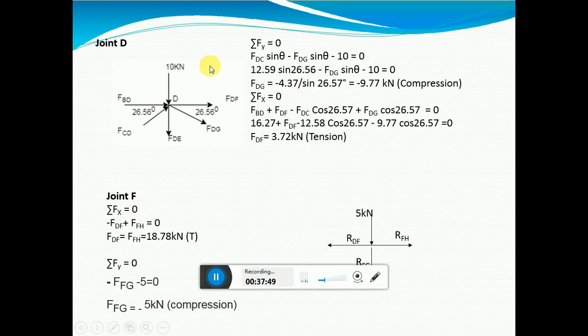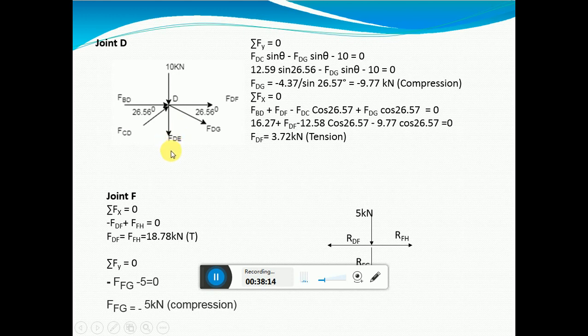In joint D, apply the conditions of equilibrium. Summation Fy is equal to 0. FCD is moving towards the positive y direction, so it is FDC sine theta.